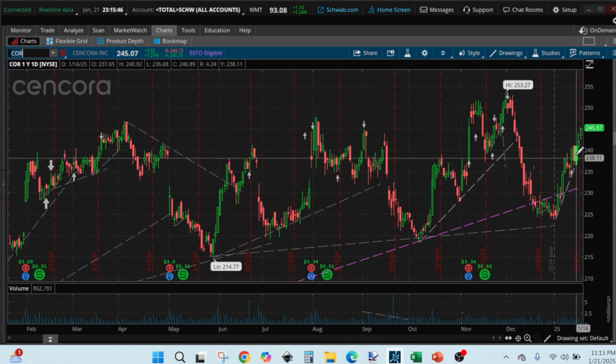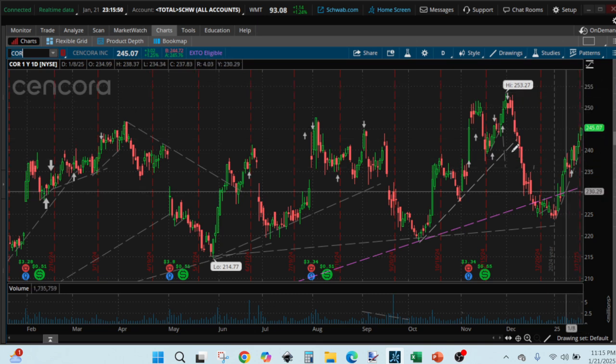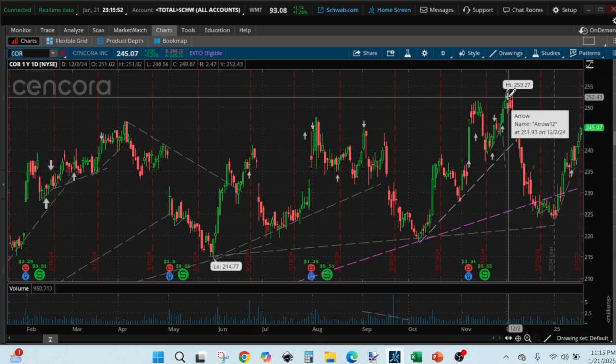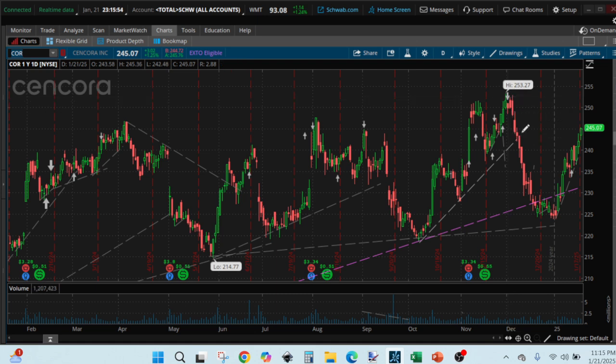So we'll just keep observing it to see how long it's going to take to reach the next high. The last time it reached a next high was in December, a month ago, and it spent about a month to drop and start going up again. So we'll just keep watching it.